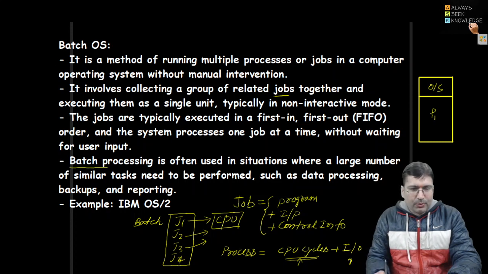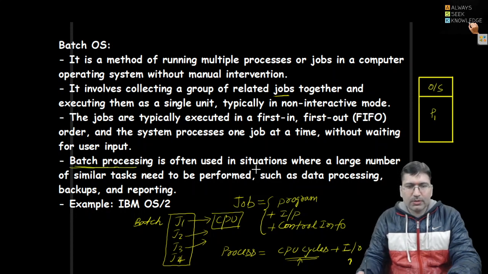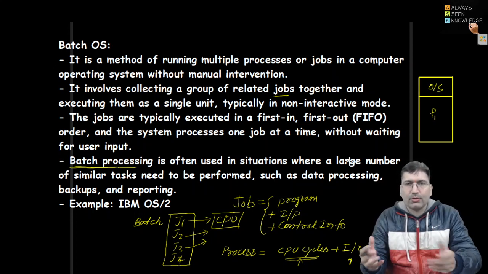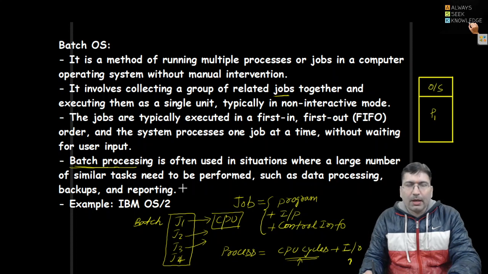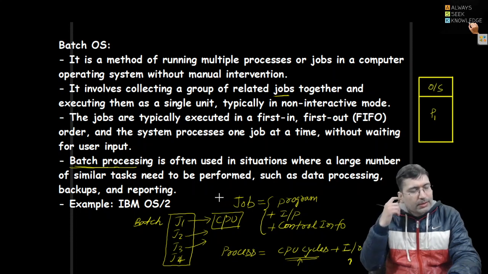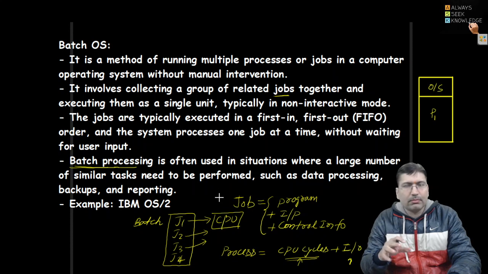Batch processing was used in a situation when a very large number of jobs or a large job is available, and the nature of the job is such that minimal user interaction is required. Let's say you consider some task in a Unix or Linux kind of system. We want to do an automatic backup, or recovery or fault tolerance kind of thing.